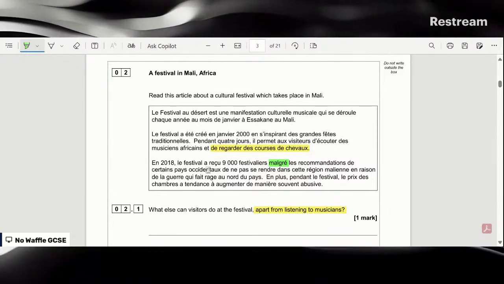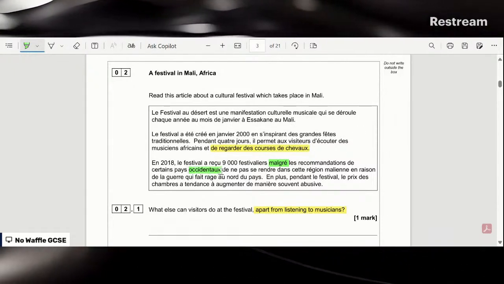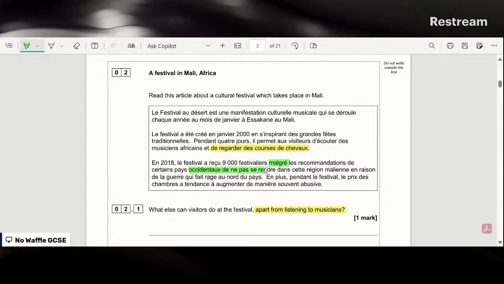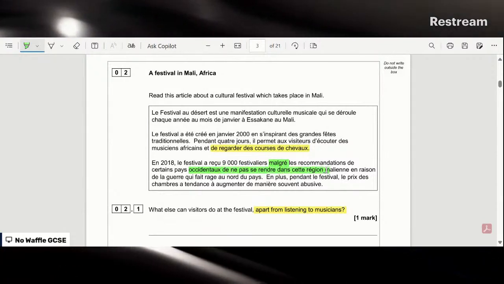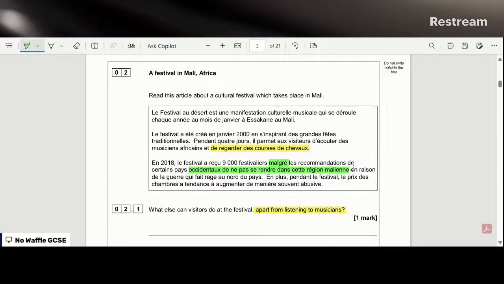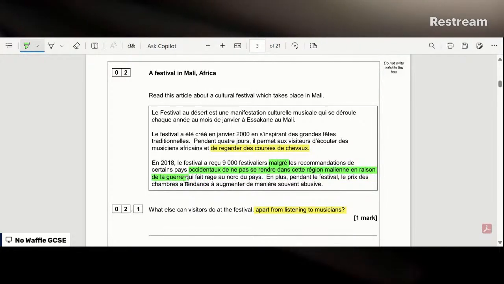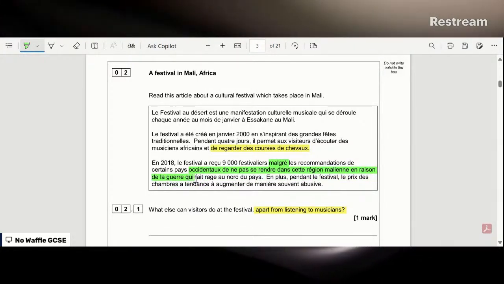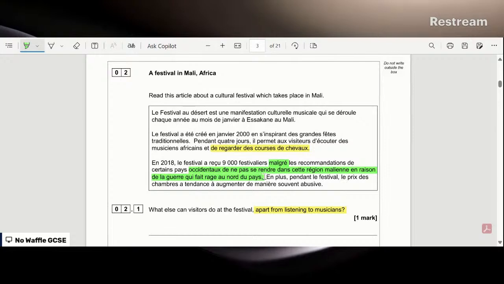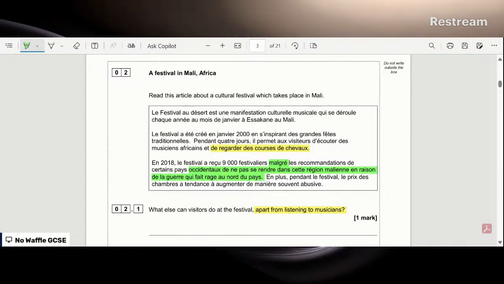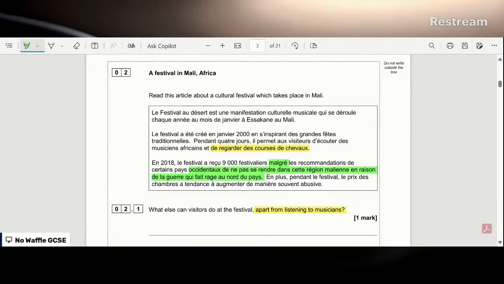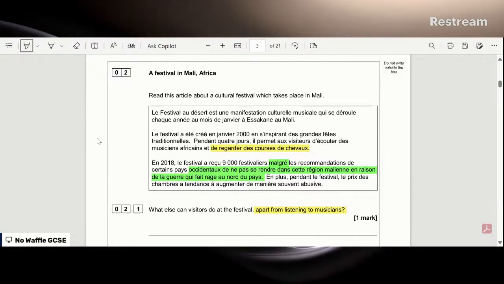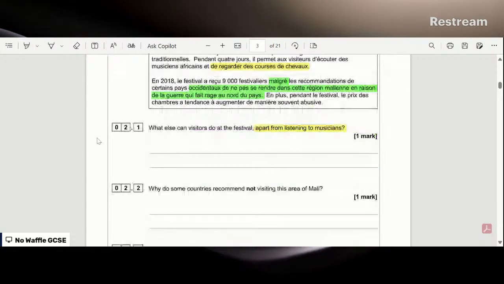Despite the recommendations that certain countries, ainsi de suite, de ne pas se rendre dans cette région malienne en raison de la guerre. La guerre, you should instantly recognize as war, qui fait rage au nord du pays, which is happening in the north of the country. So you can just talk about the war. Okay, moving on to the next question.